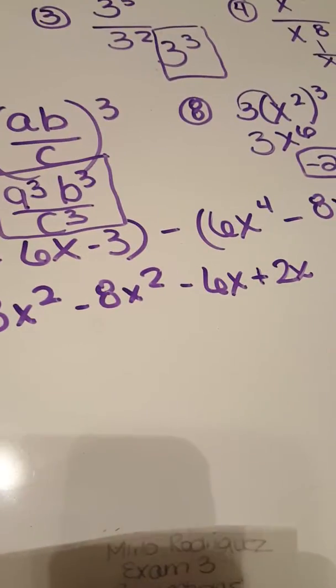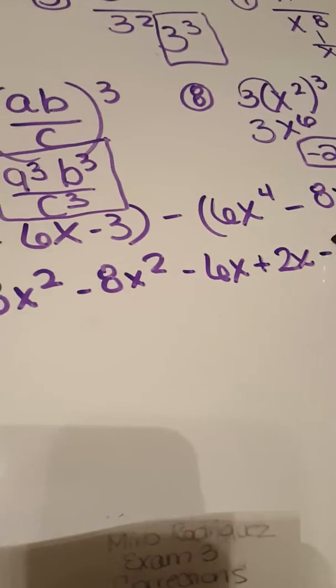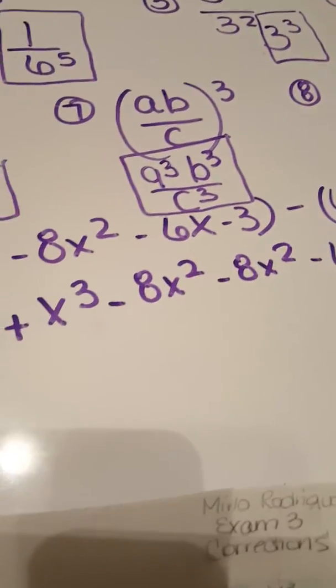Do we have a 2x? Yeah, we do have a 2x. Minus 3. Okay. Now we're going to be able to work our terms out.